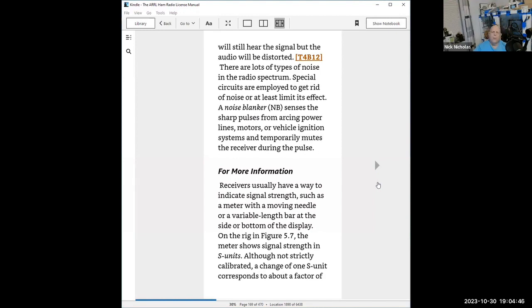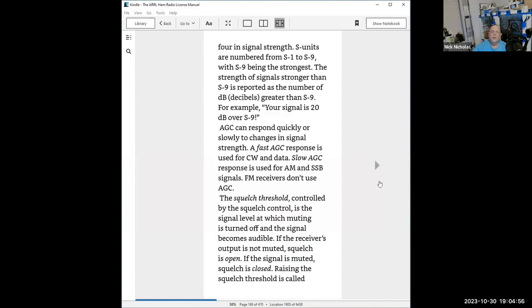Now, your receivers will likely have a meter on them called an S meter or signal strength meter. Signal strength meters display in S units, okay? This is a little difficult to swallow. S units go from S1 to S9. Anything greater than S9, we measure in dBs.